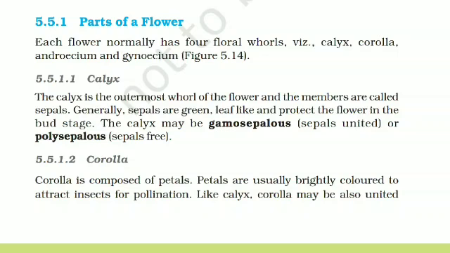When they are united, they are called gamopetalous, and when they are free, they are called polypetalous. The color of the corolla varies greatly in plants, such as white, yellow, green, red, blue or multicolored flowers.